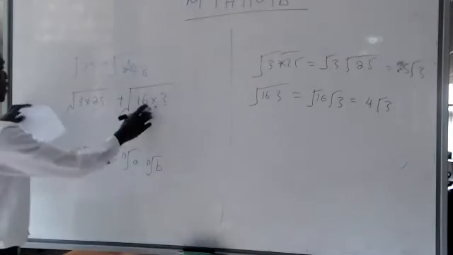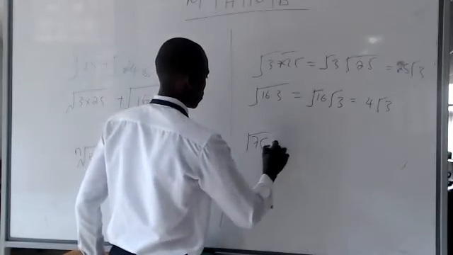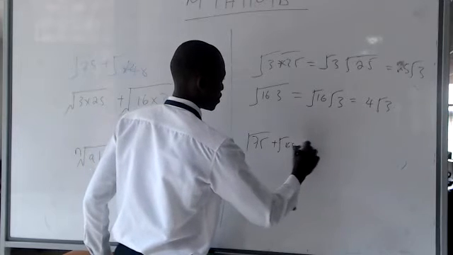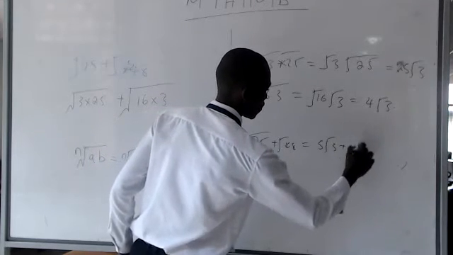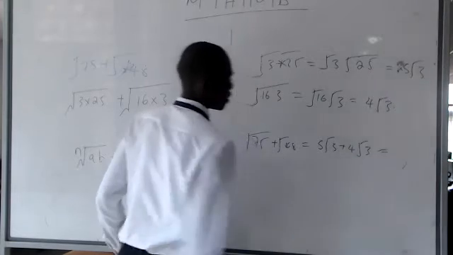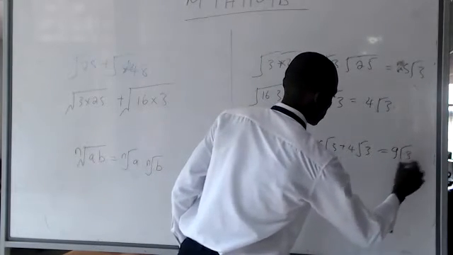Now finally, do the addition. So root 75 plus root 48 should be 5 root 3 plus 4 root 3. And this gives you 5 plus 4, that must be 9 root 3.